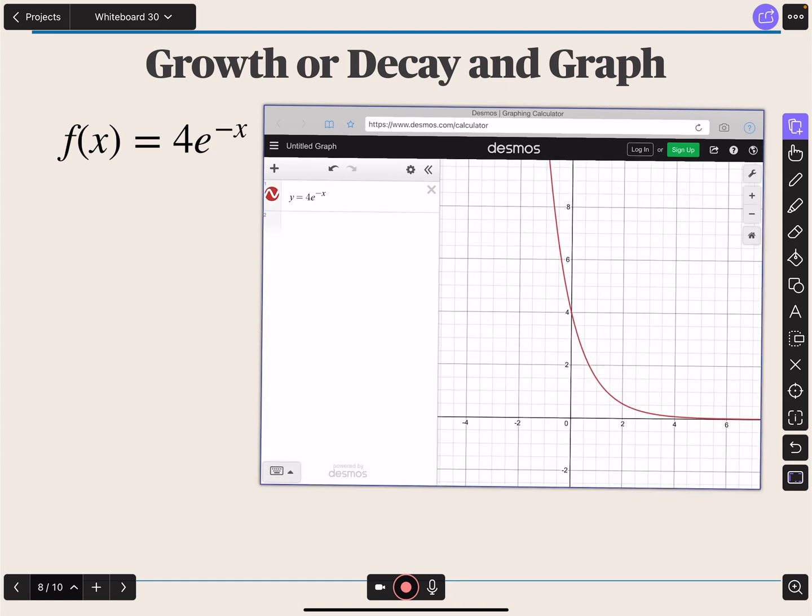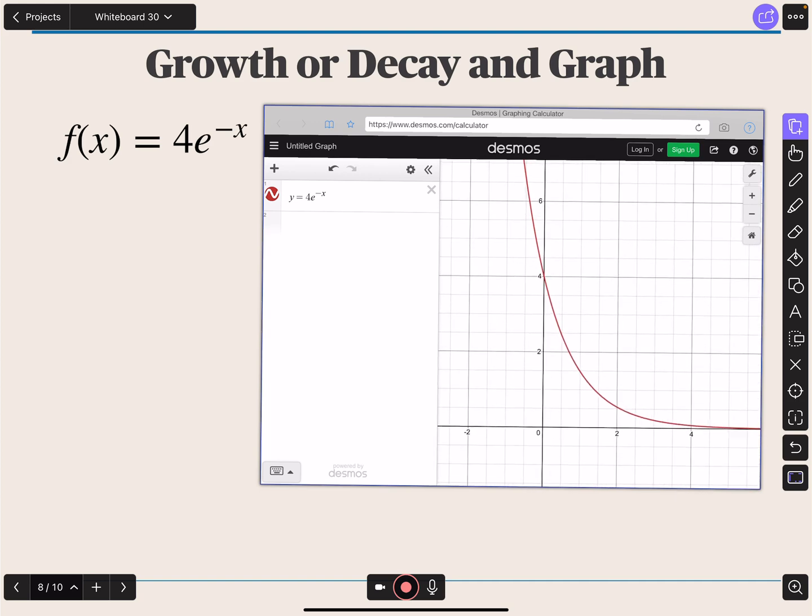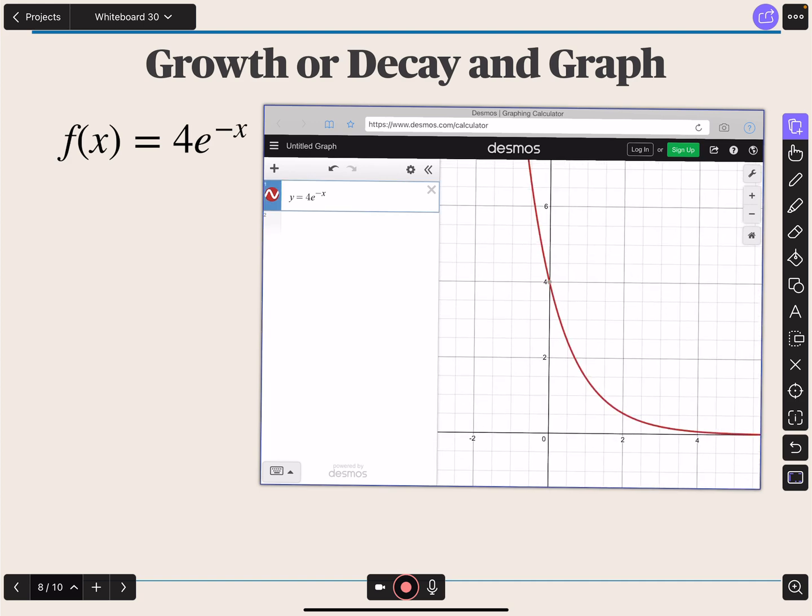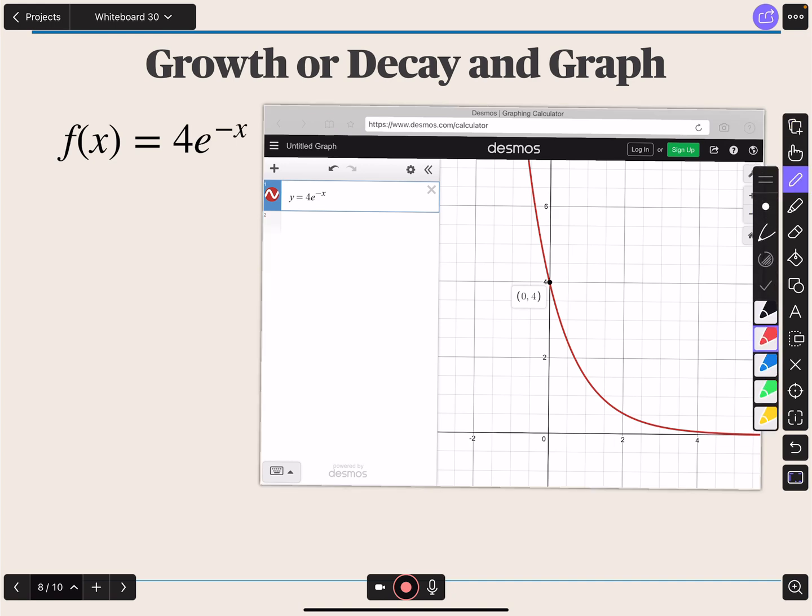If I wanted to get a few points from this, notice what happened here. There's its y-intercept. Now it's at 0, 4. That's because of this 4 that is a coefficient out front. So when you do the f of 0, you get 4 times e to the negative 0 power, which is 4 times e to the 0, but anything to the 0 power is 1, so it's 4 times 1, or 4.